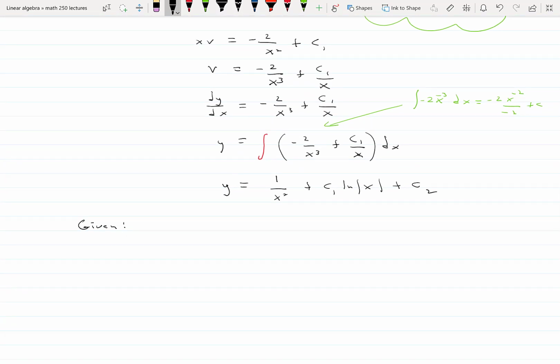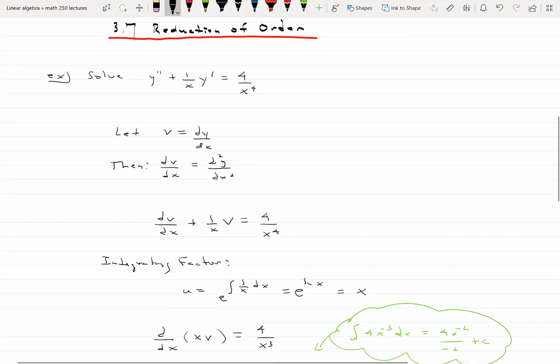So we were given y double prime is some function of x and y prime. Make sure you agree with that.